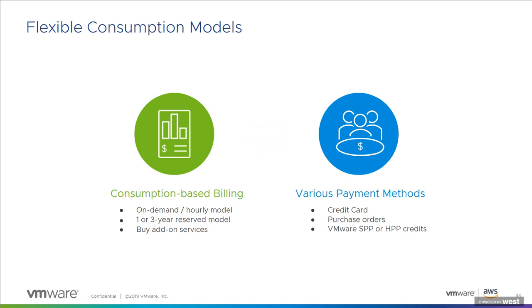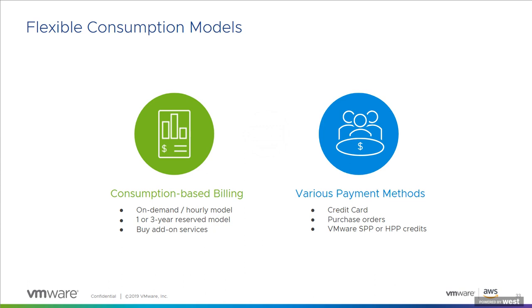We offer hourly prices as well as deep discounts for reservations, so either a 1 or a 3-year reservation, and we also offer additional add-on services. So things like VMware Site Recovery, or even the potential of deploying a stretch cluster across multiple availability zones.